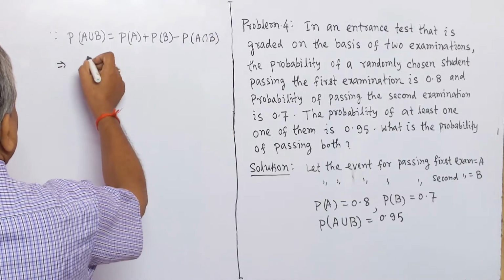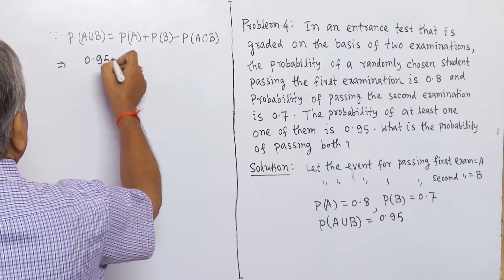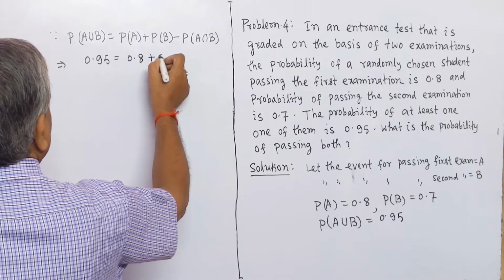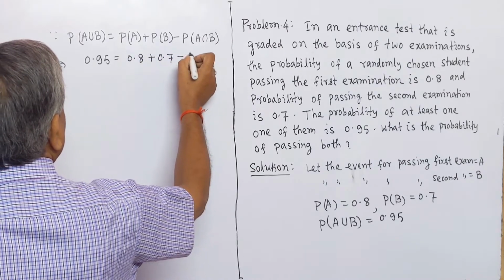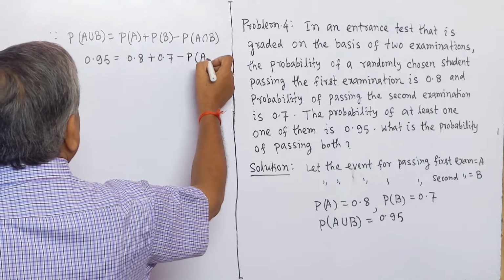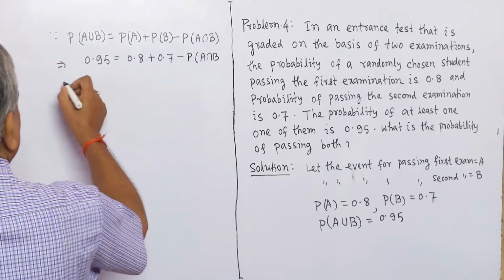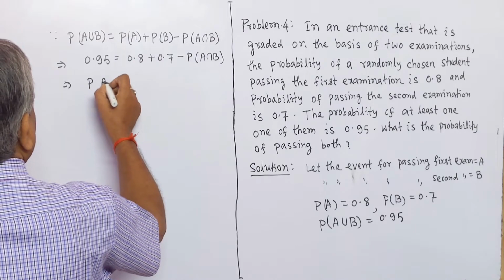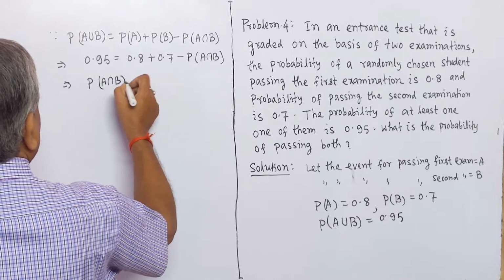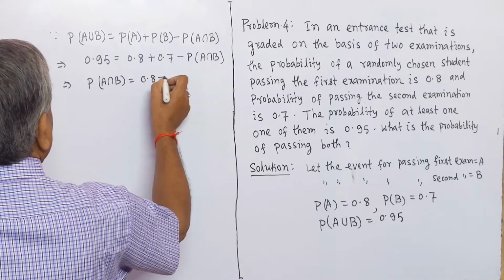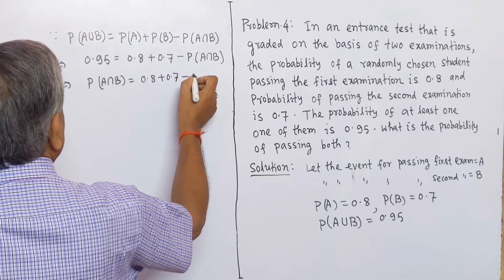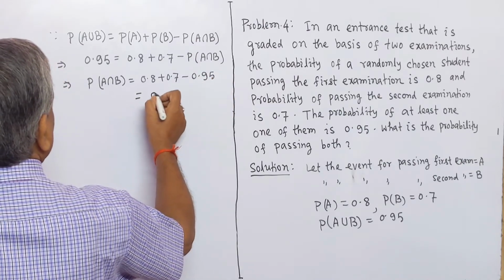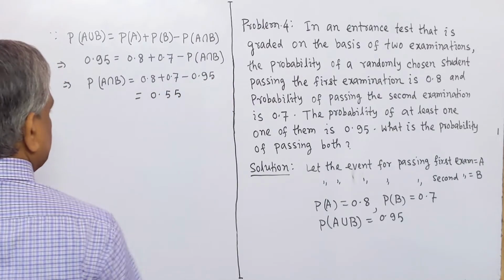P(A union B) is 0.95, P(A) is 0.8, P(B) is 0.7, minus P(A intersect B). This implies that P(A intersect B) equals 0.8 plus 0.7 minus 0.95, and this is equal to 0.55.